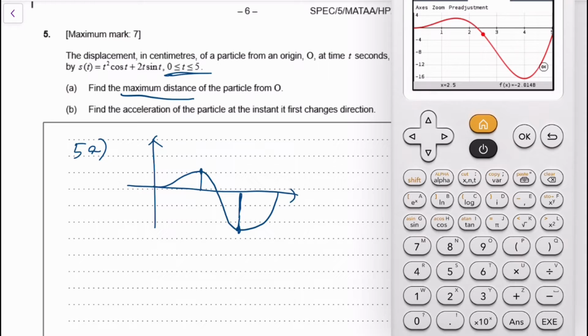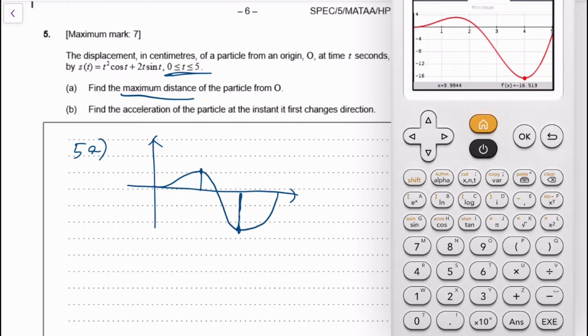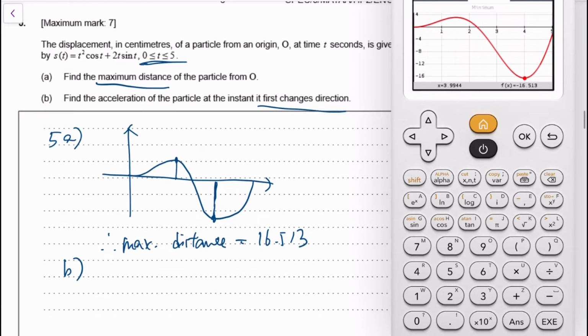So we need to find the minimum. It has a minimum value of negative 16.53. Then the maximum distance is 16.513.